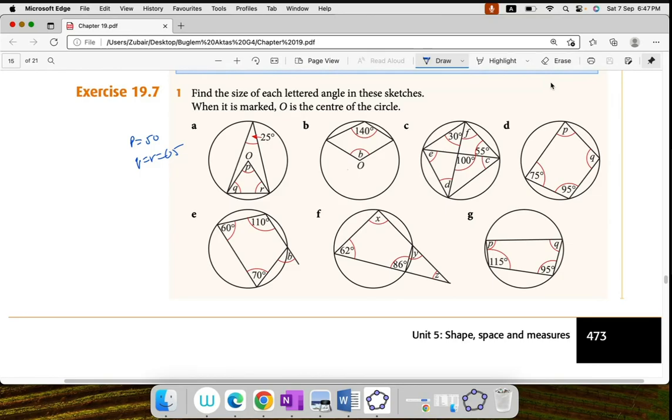B is equal to 280? No, wait. B is equal to 80? That's right. So this is 280 and then this is 80. Now, do not rush, and try the C part.